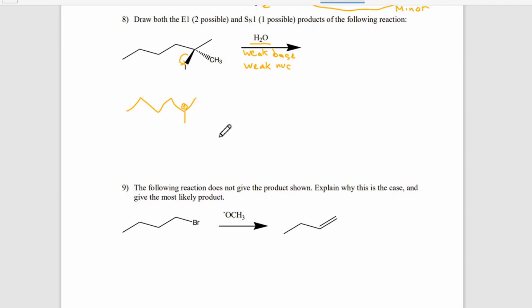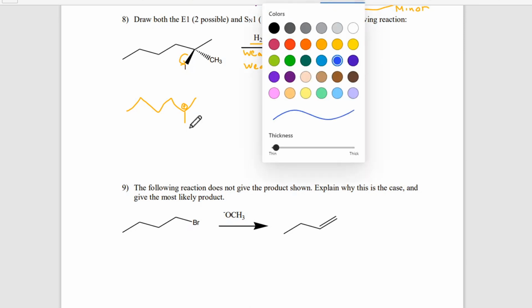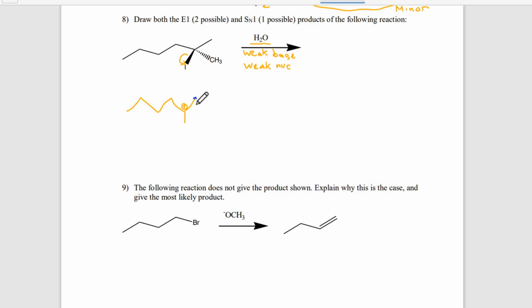Now, as in any E1 or SN1 reaction, we should always check and see, will there be a rearrangement? What do you think? No. And the reason that there's not going to be any rearrangement is because the beta carbons are all in less favorable positions.